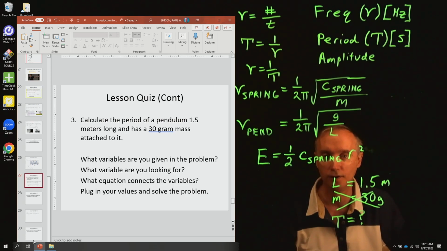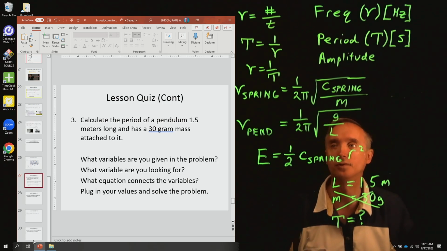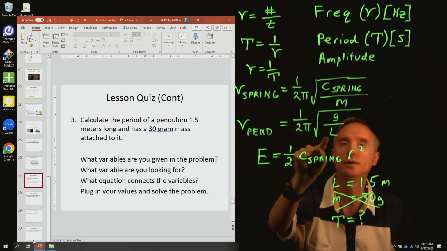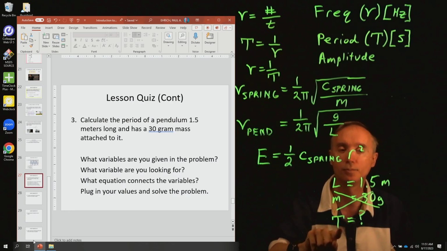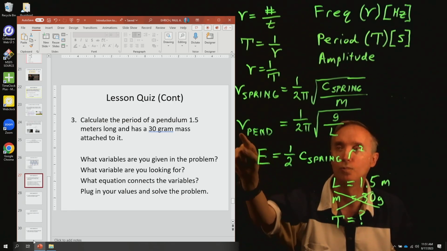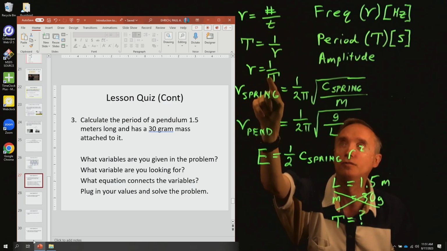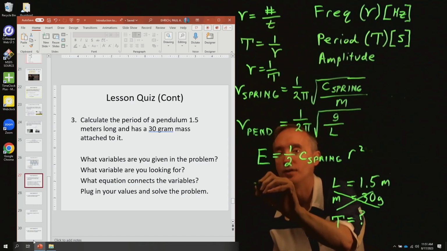All right, so what equation connects the variables? Well, we're going to use this equation, but it's not quite right, because what we need is the period. So what is the frequency? The frequency is 1 over the period. So let's write this down over here.